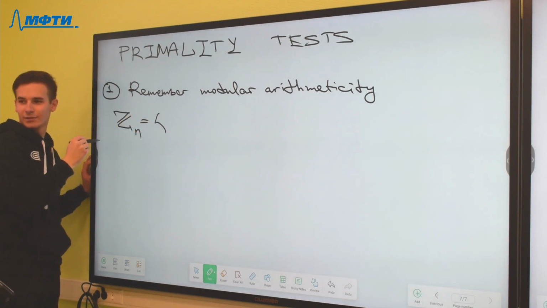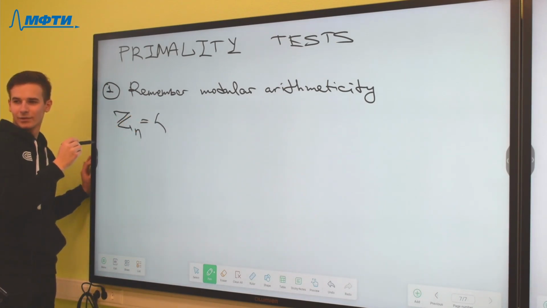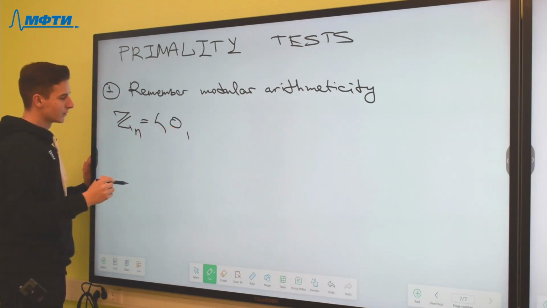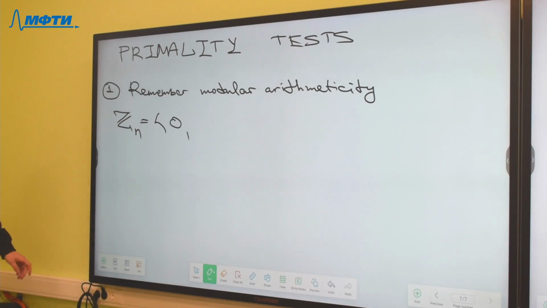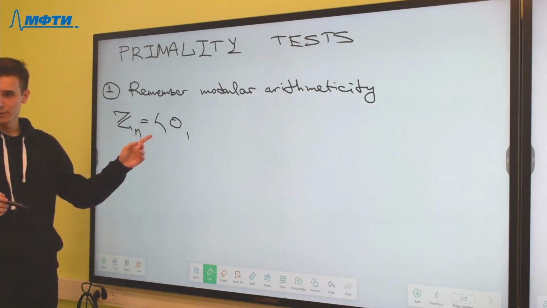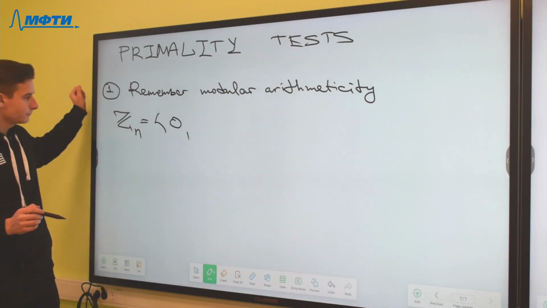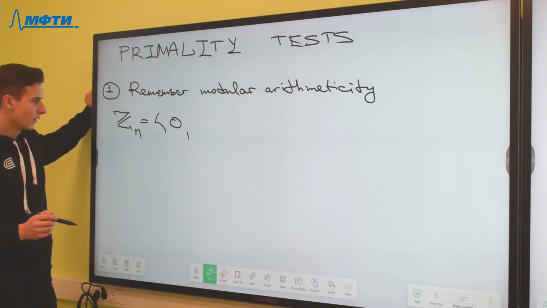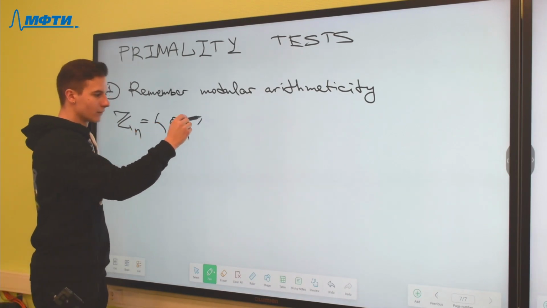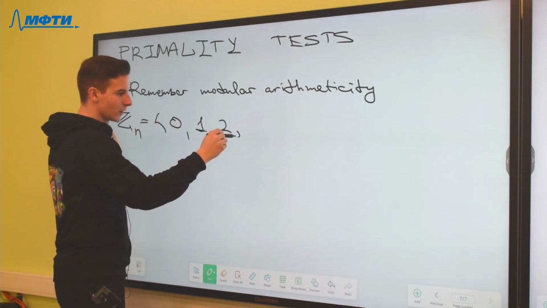What is it? It's the set of all the integers from 0 to n minus 1, usually, because it's modular. Yeah.